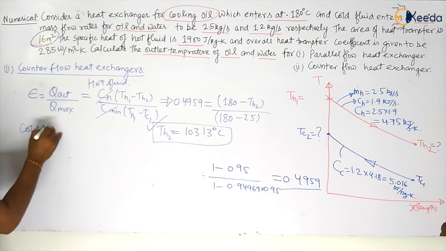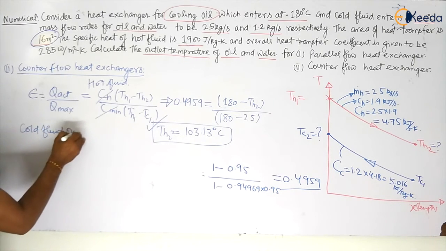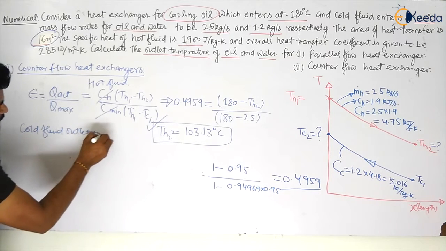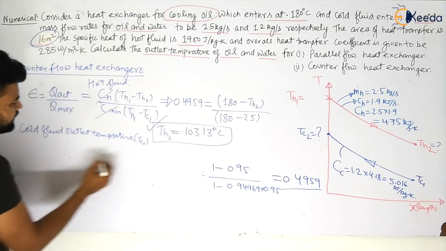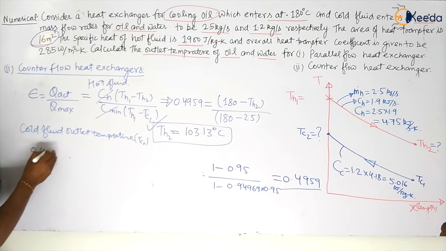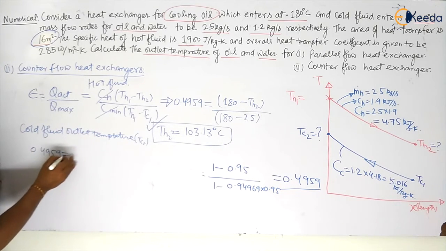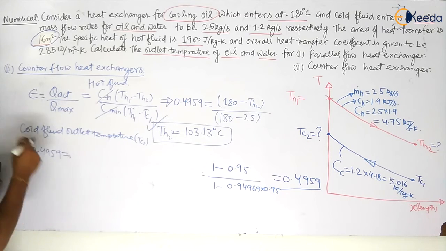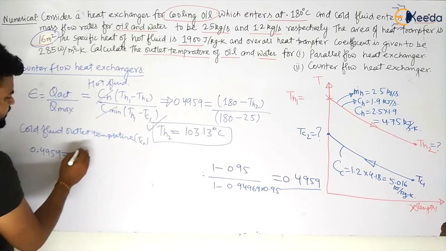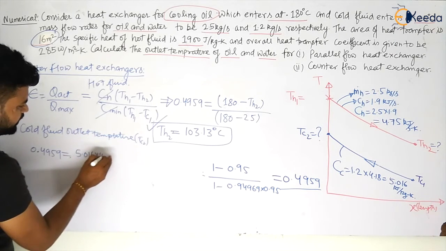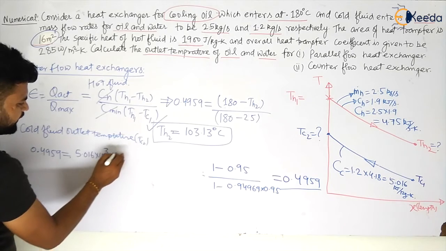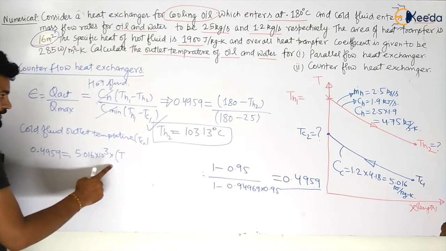Now let us calculate for the cold fluid. Cold fluid outlet temperature for counter flow, that is TC2, you have to calculate. So 0.4959 is equal to CC, that is 5.016 into 10 to the power 3, multiplied by TC2 minus TC1.